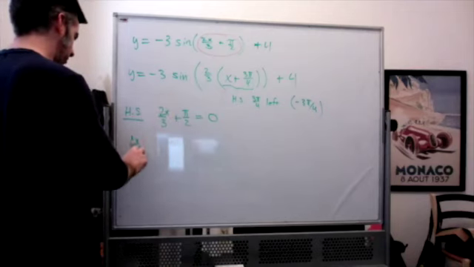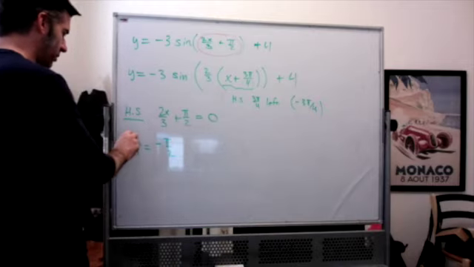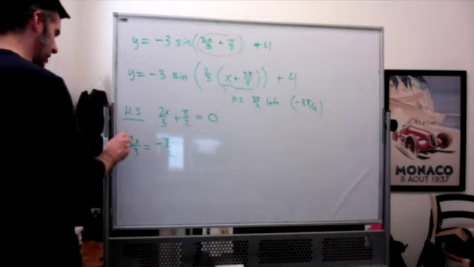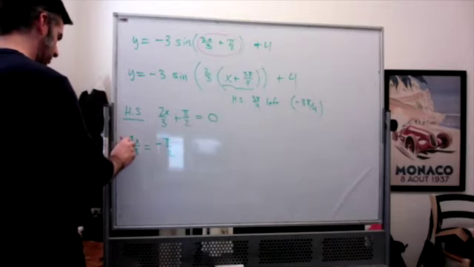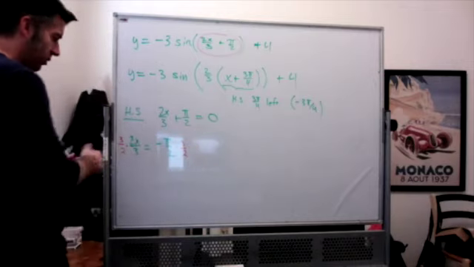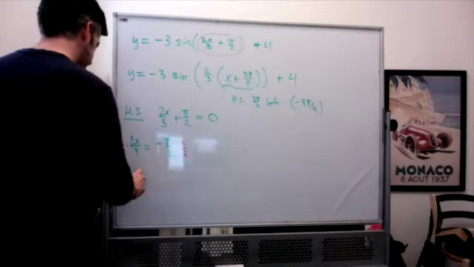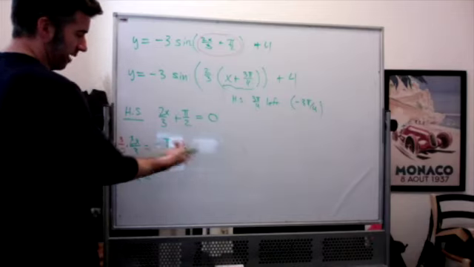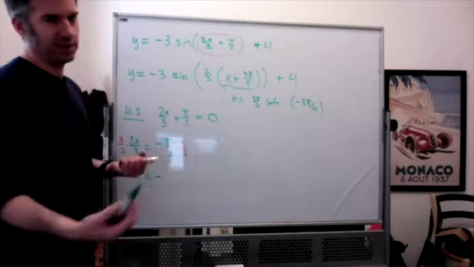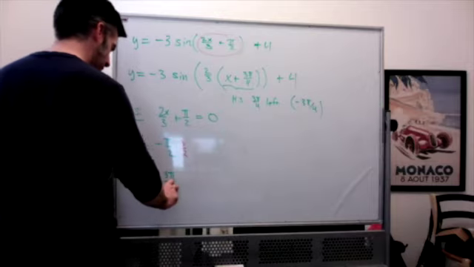So 2x over 3 equals negative pi over 2. And then you multiply both sides by the reciprocal of the coefficient of x. So we're going to multiply both sides by 3 halves. 3 halves times 2/3 is 1, so we're left with 1x. And here, fractions times fractions, you get negative pi times 3, which we should write as 3 pi, divided by 2 times 2, which is 4.